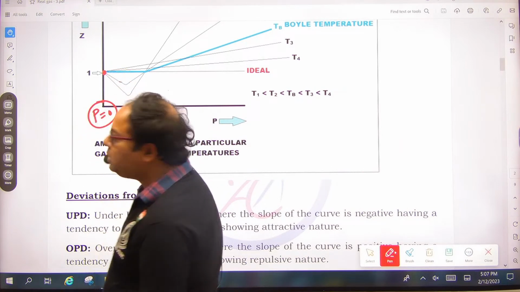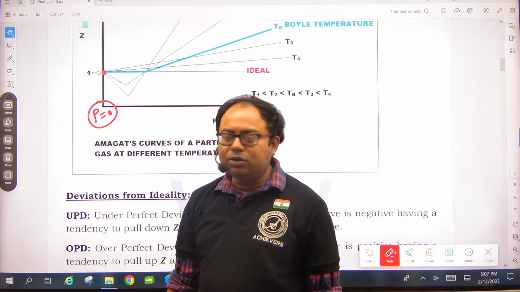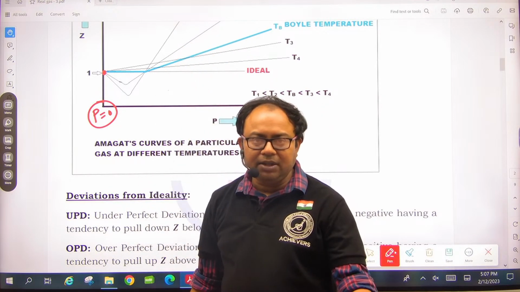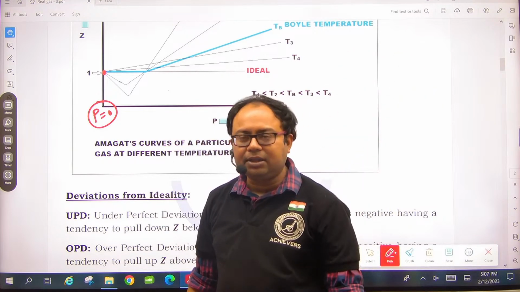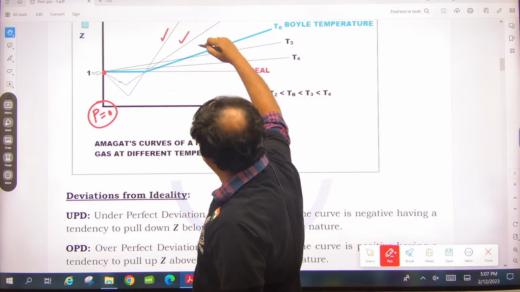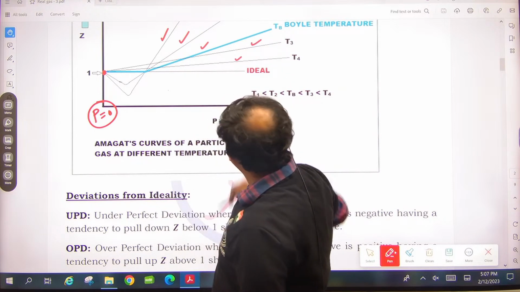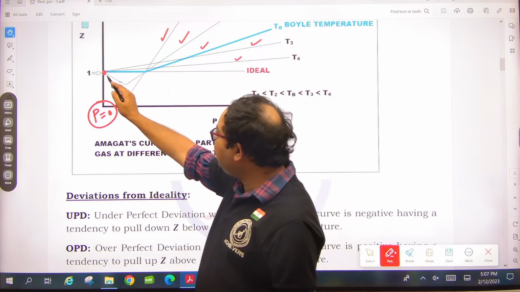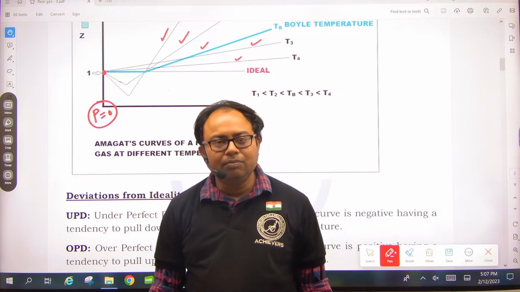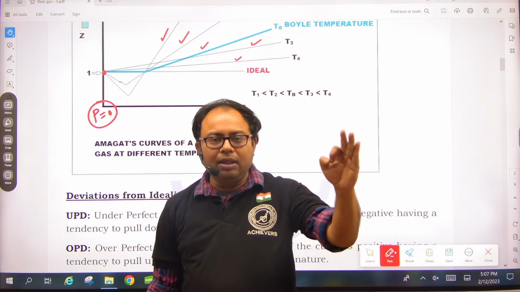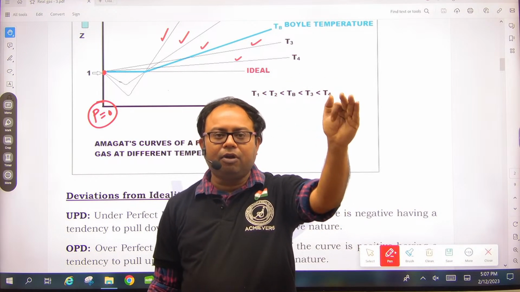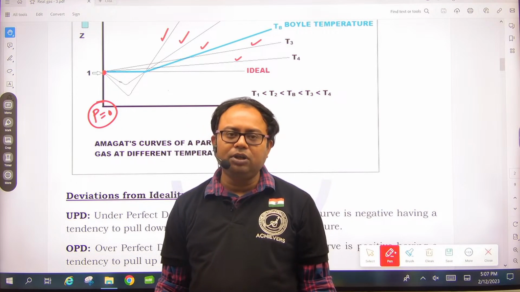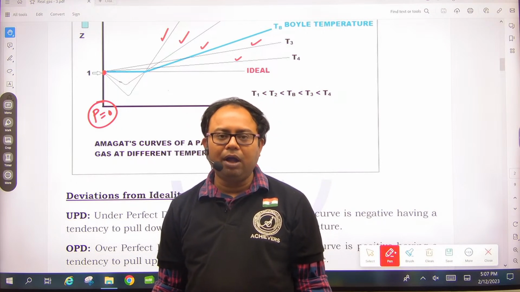At P equal to 0, for all the temperatures, isotherm meaning different constant temperatures, you have Z equal to 1. So all the isothermal lines initiate from Z equal to 1.